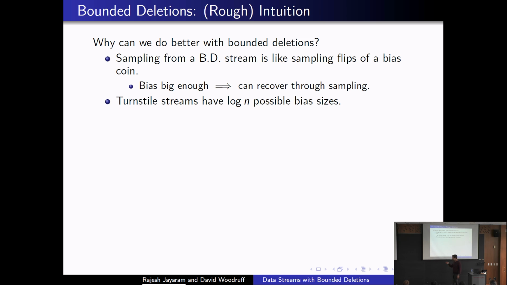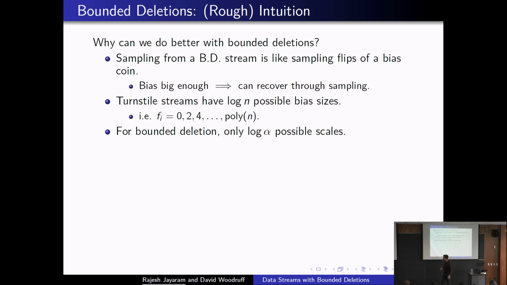So for turnstile algorithms, at the end of the day, their final L1 mass could be in log n possible intervals of constant factor approximations, which is how a lot of these algorithms work. They break it up into log n intervals, 0 to poly n. But for bounded deletion streams, at the end of the stream, we actually know that there are only log alpha possible scales, intervals of constant factor approximations, that it can be in.